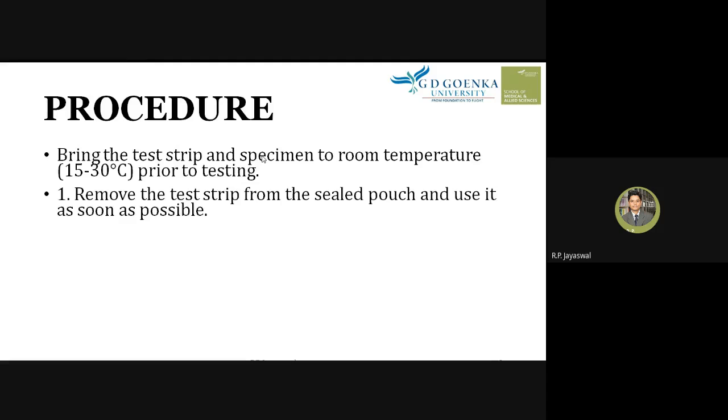The first step in the procedure is to remove the test strip from the sealed pouch and use it as soon as possible. Because the strips are available in a sealed pouch, you need to tear the pouch, remove the strip, and make it ready for use.